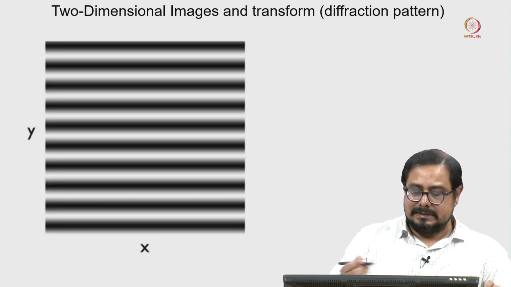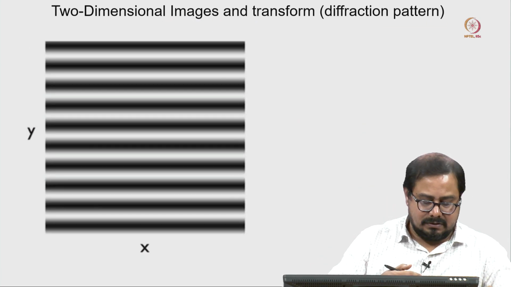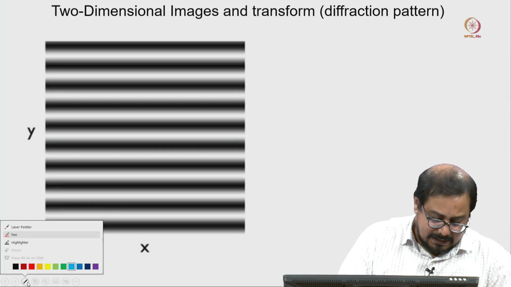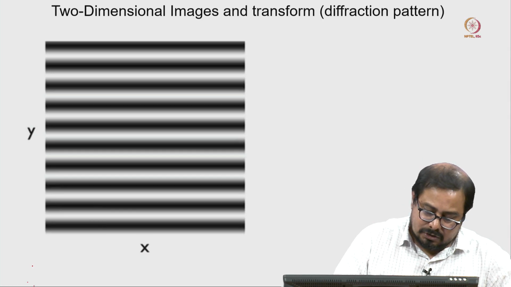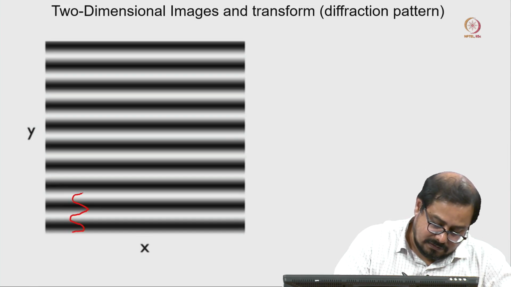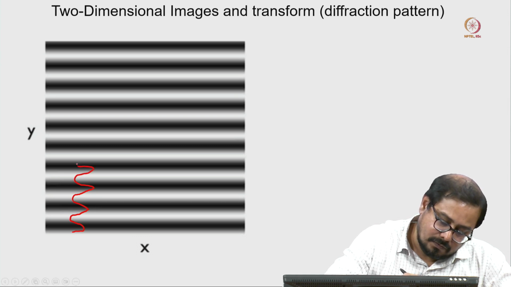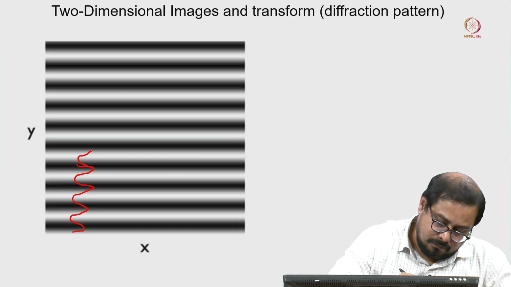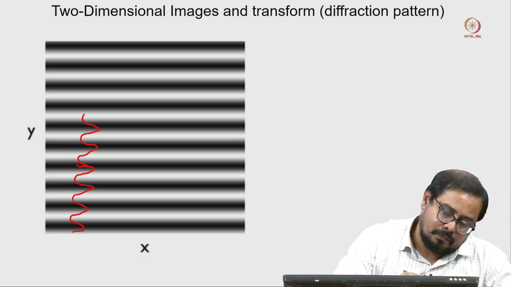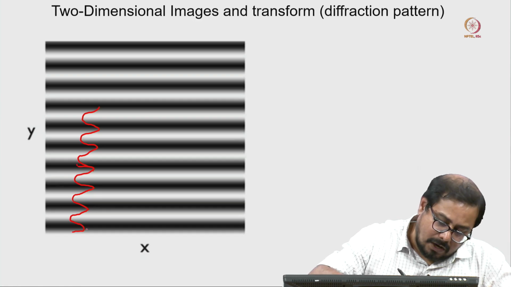Now this is the same, but in the y direction. If we just remember that in the y direction this wave is going, if I want to draw this, it will go like that.